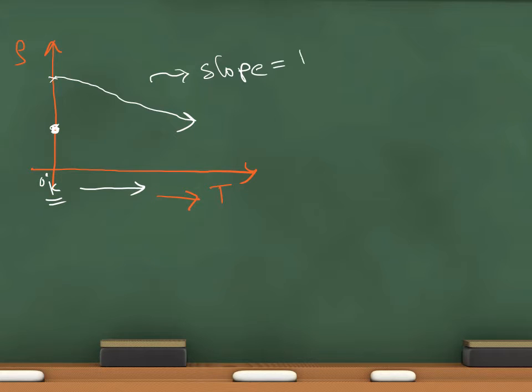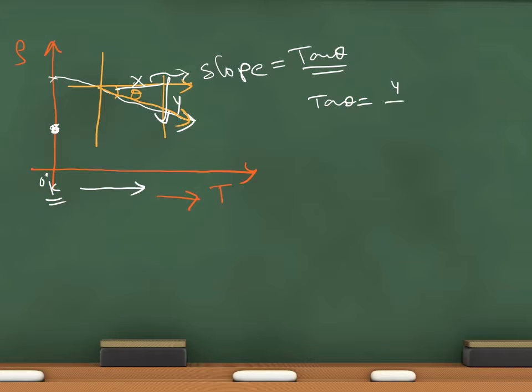Slope is tan theta, where theta is the angle made with the x-axis. Opposite side is y, adjacent side is x, so tan theta equals y by x.